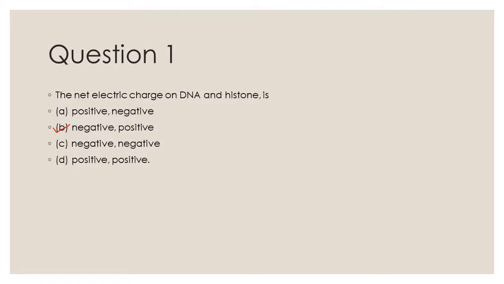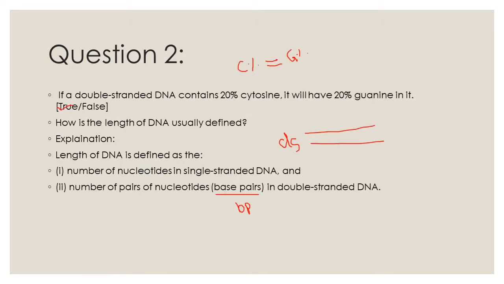If I ask you a question, as we have completed the DNA and the histone, the net electric charge on DNA and histone is, let us check. The net electric charge on DNA is negative. If a double-stranded DNA contains 20% cytosine, it will have 20% guanine in it.